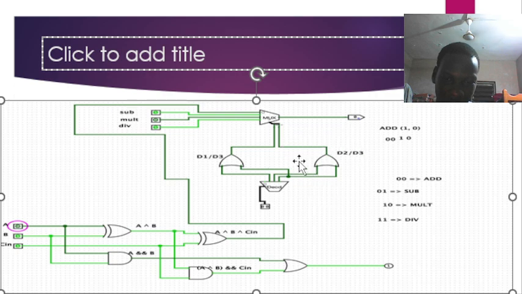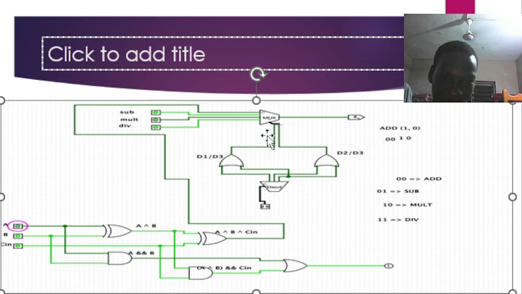So the OR gate here, with OR gates you need at least one active input to get an active output. Since the inputs here are not active for the OR gate, the output will also not be active.